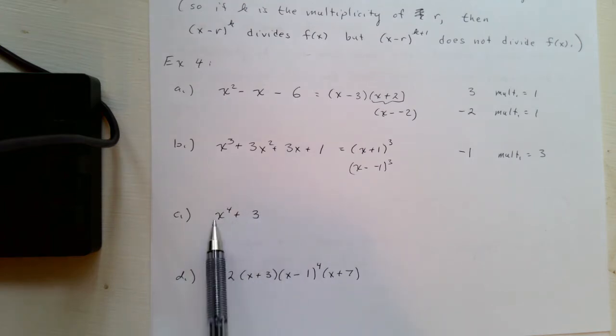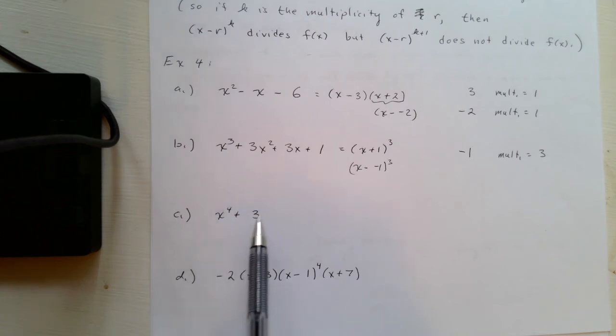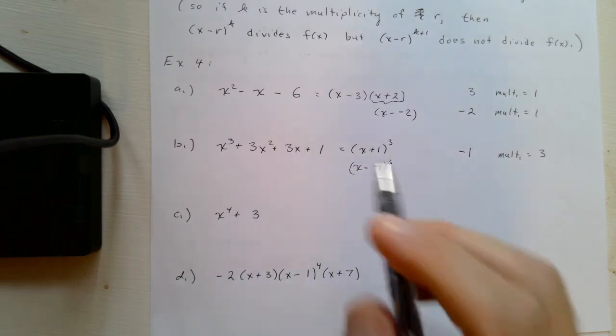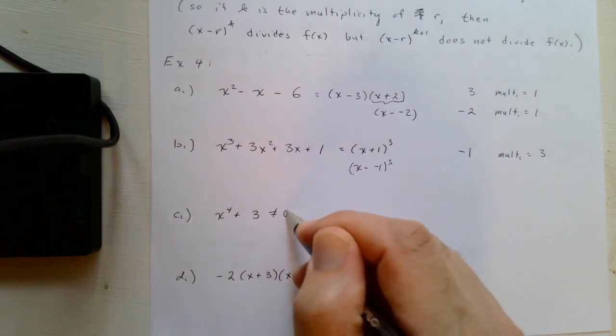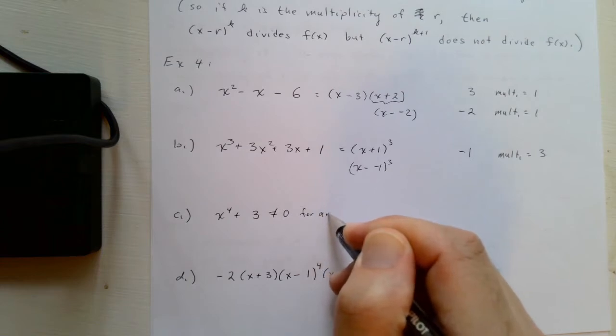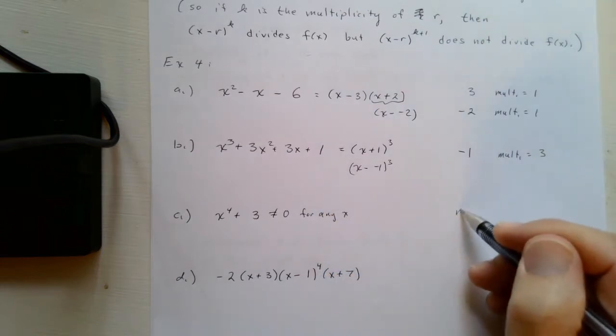So if you plug any real number in for x, the least this can be is 3. So it can't be 0. This is not 0 for any x, so there are no zeros.